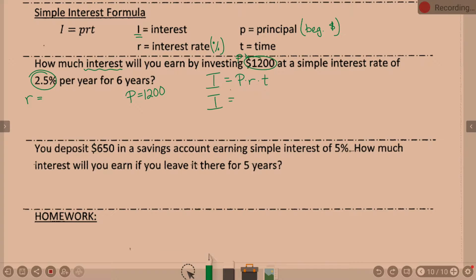No. When we put a percent into an equation, you have to change it to a decimal. How do we change? Move it to the left. How many spots to the left? Once. Twice. So 0.025 is going to be our R.